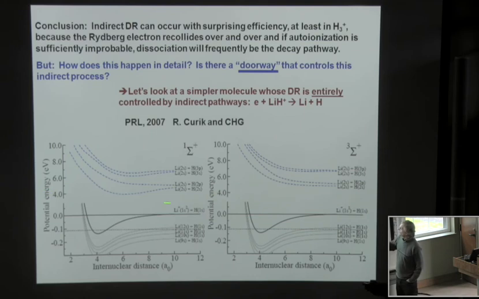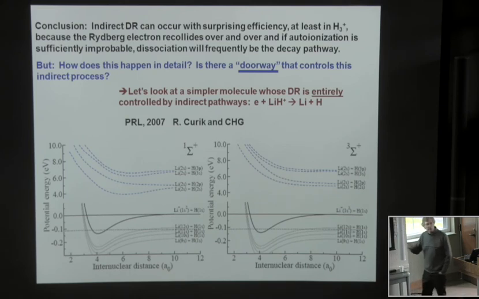In particular, there are these potential curves of the neutral, which are both excited, and then here's the ion with lithium plus hydrogen. One thing that seemed clear is that there is no crossing of the ion of any potential curve. So it's clear if DR happens in this system, it can only be by this indirect recombination mechanism.